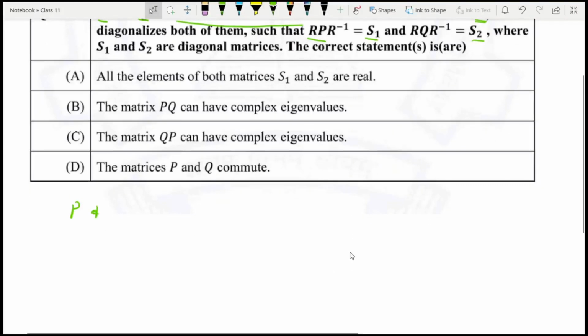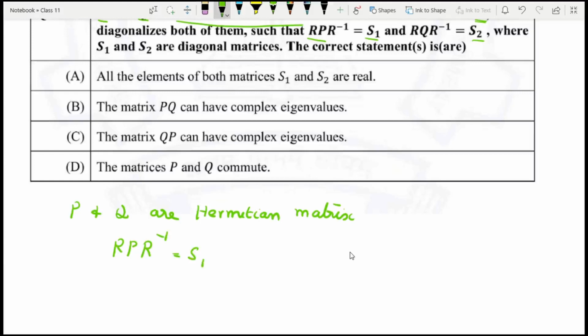P and Q are Hermitian matrices. And they have given R P R inverse is equal to S1 and R Q R inverse is equal to S2.